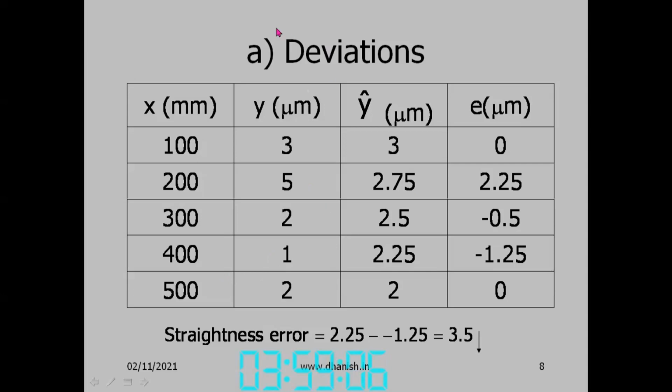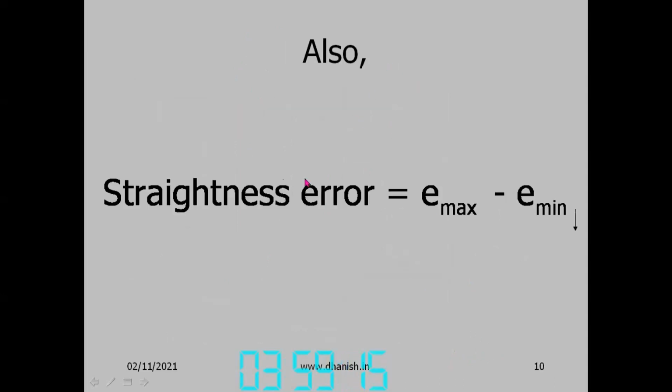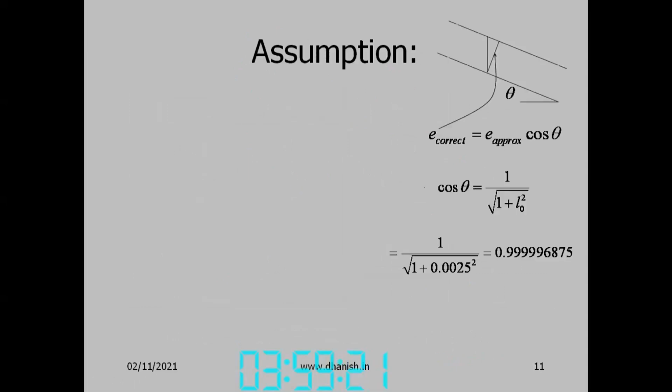Okay, so this is for data set A. For data set B, similarly, you can calculate and verify on your own. Same answer. One point we should note is that straightness error is defined as E max minus E min. This is based on the assumption that the lines are okay.